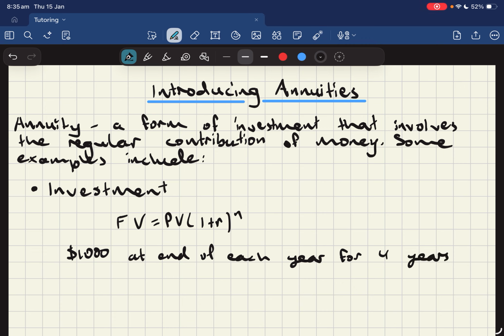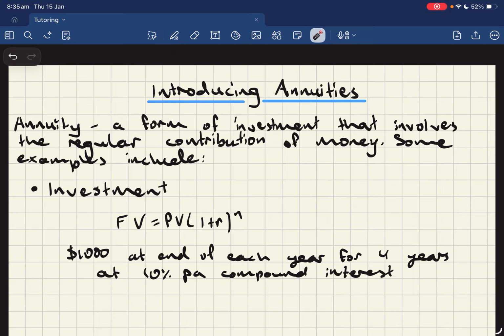And the rate is 10% per annum, compound interest. So let's just explore how something like this would work. You would have the compound interest, so you would have money in this investment and it would naturally grow, but we're going to see how this would look when you're making extra repayments on top of this.